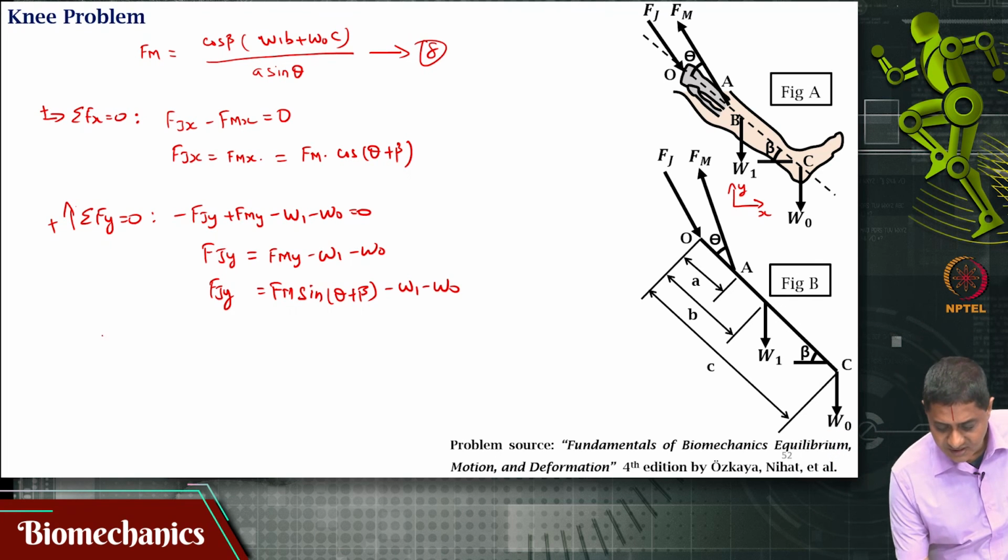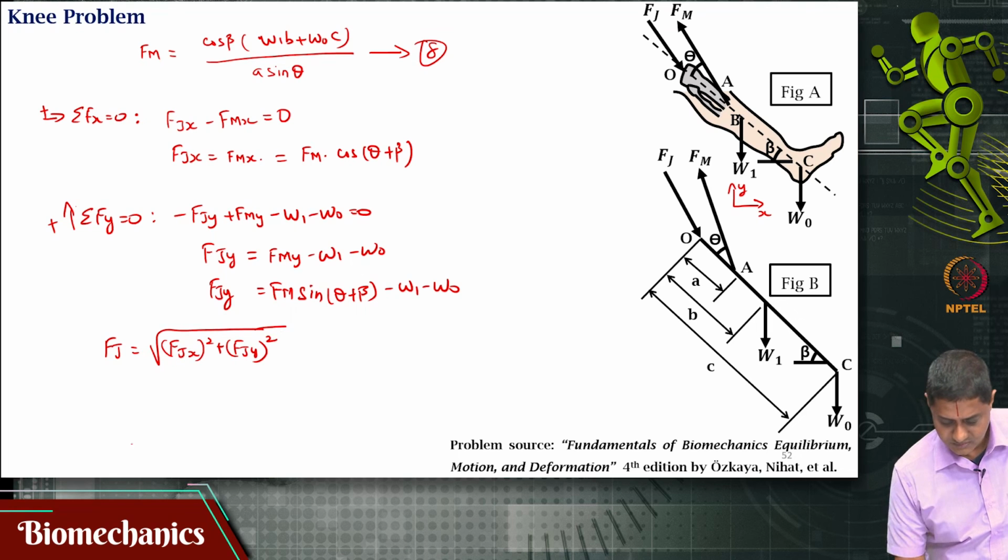Now, if I am interested in the total joint reaction force Fj, all I have to do is find the square root of the sum of the squares. And if I want to know the direction at which this reaction force is acting, all I have to do is find the tan inverse of Fjy by Fjx.